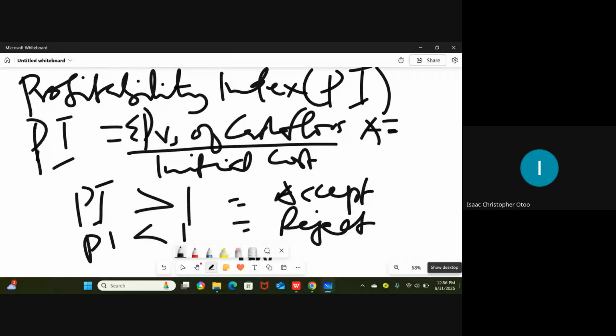The cost was 25,000. Then the inflows, the total, was 5,855.87.